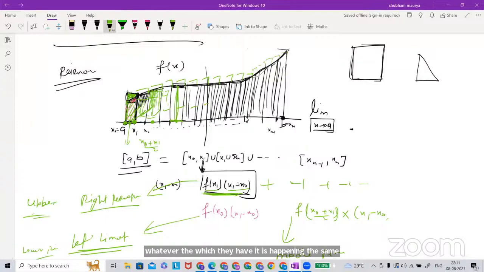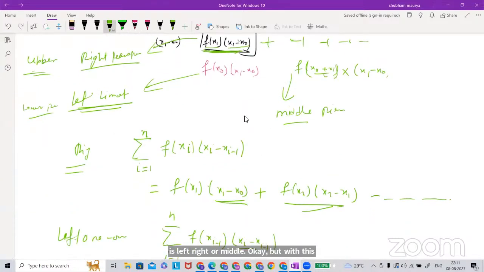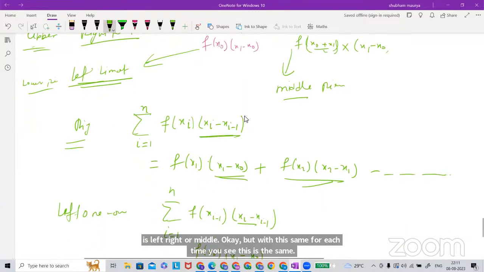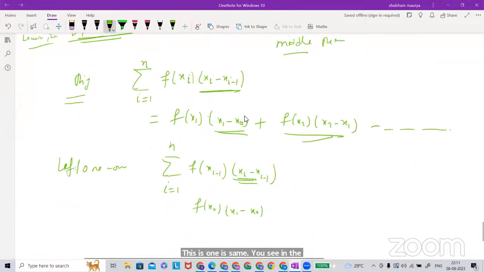Based on that, your right and left sums happen, and also based on the middle one. You take the function value at the middle, and based on that it is the left, right or middle sum. The width is the same each time.